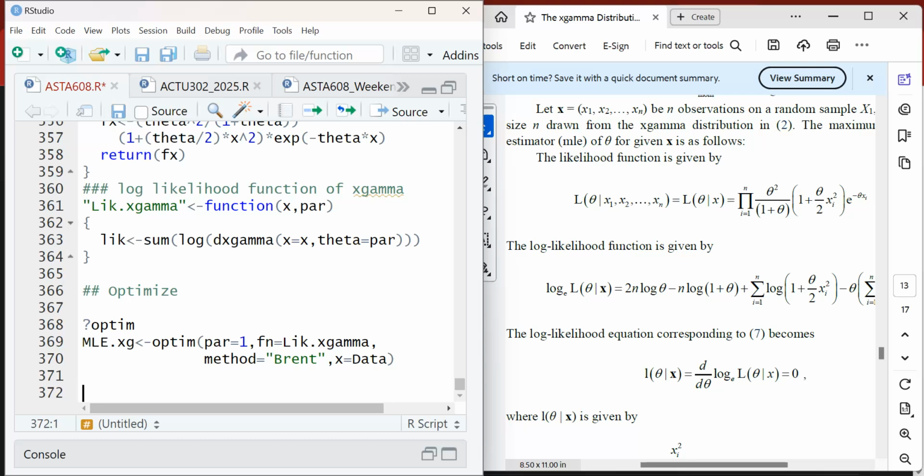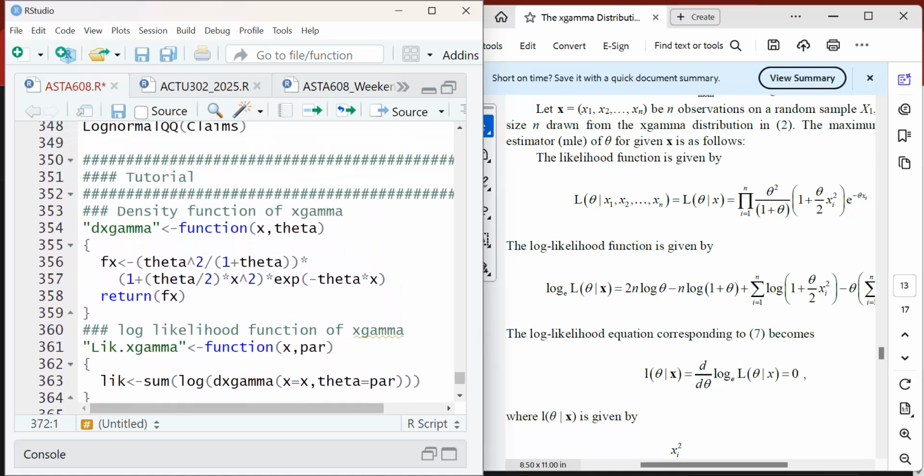I hope now you understand the maximum likelihood process. Usually you write the likelihood function and then you optimize it on the data you've been given. As of now, we don't have any data we are going to use, so we will wait. And then we are going to do our moment estimation as well.